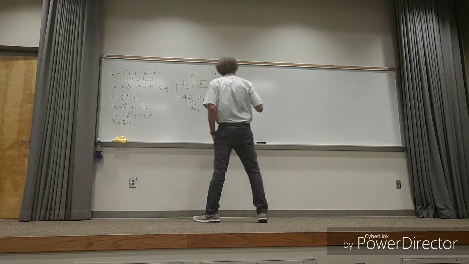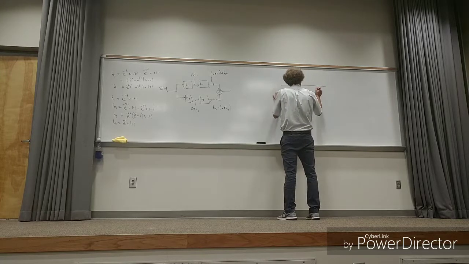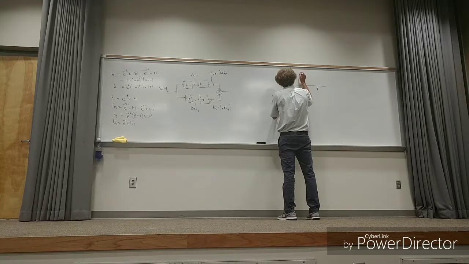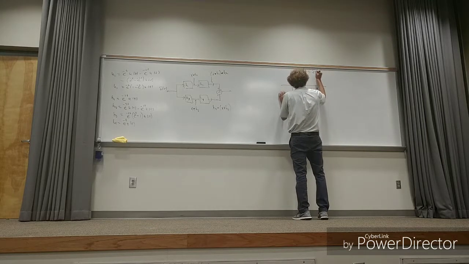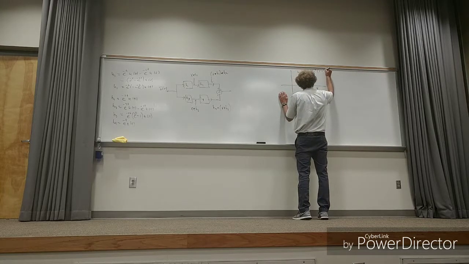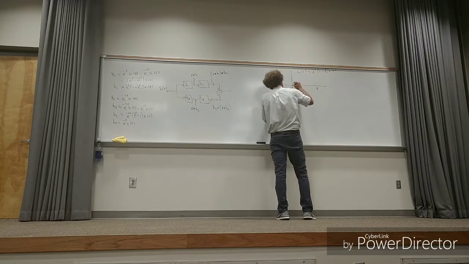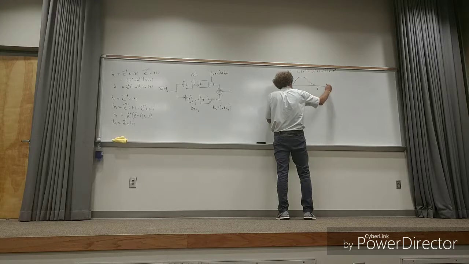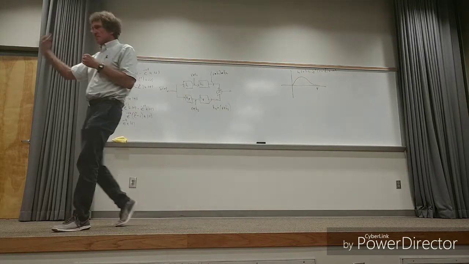I'm going to show you what it looks like. I don't flip this one, and I put it versus tau, and I have h1 of tau here. What that actually is is e to the minus tau times 1 minus e to the minus tau, u of tau, only good for tau greater than 0. It looks like this. Follow me? It starts at 0, goes to a relative maximum and dies to 0.